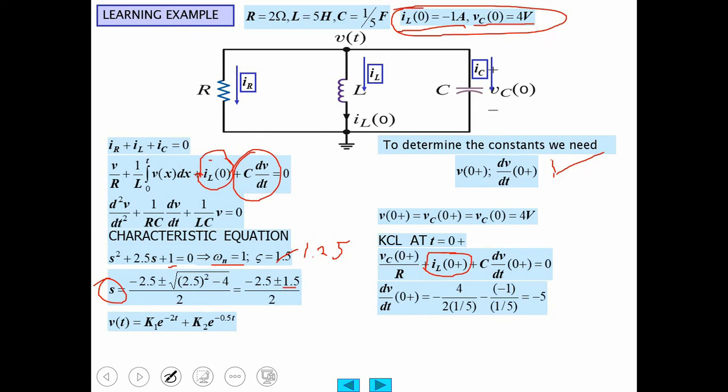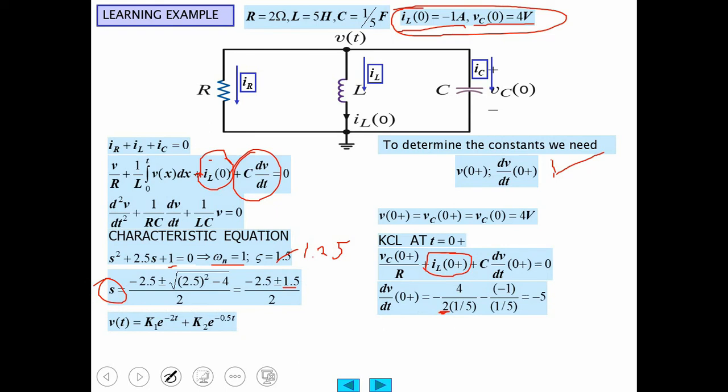VC over R, VC of 0, we know that. So that's 4 divided by R, which is, let's see, 2 ohms.